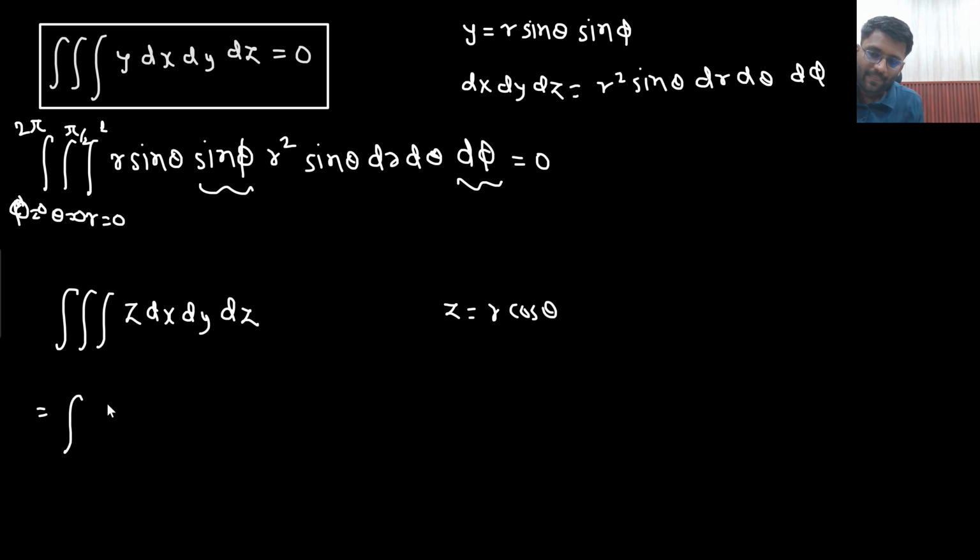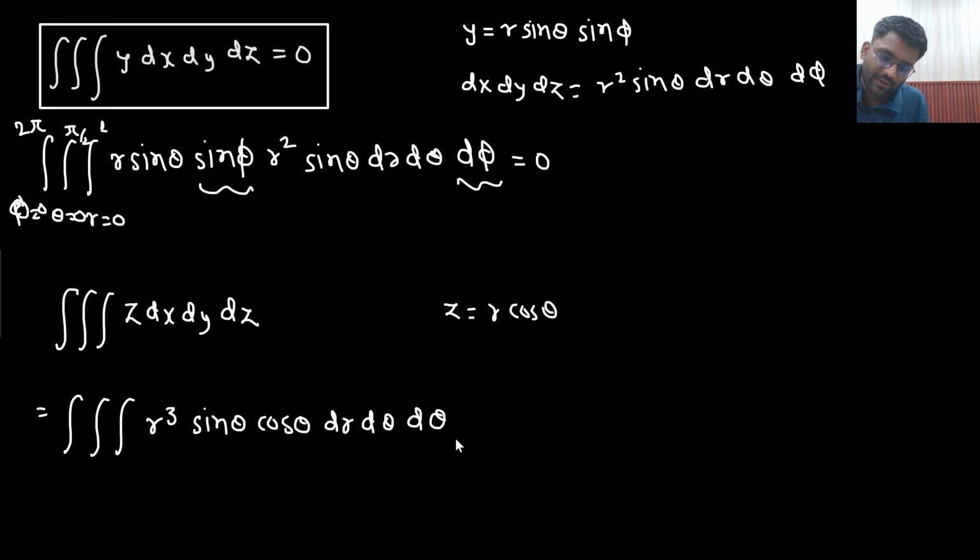So what will you get? r cos theta times r square becomes r cube sin theta cos theta dr d theta d phi, with r going from 0 to 1, theta going from 0 to pi by 2, and phi going from 0 to 2 pi.